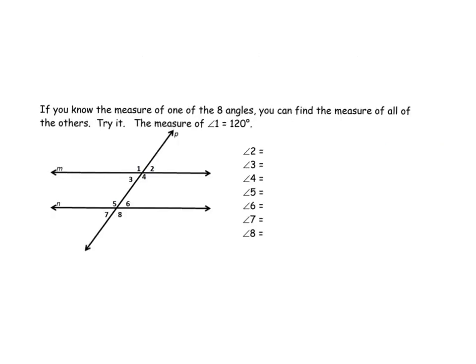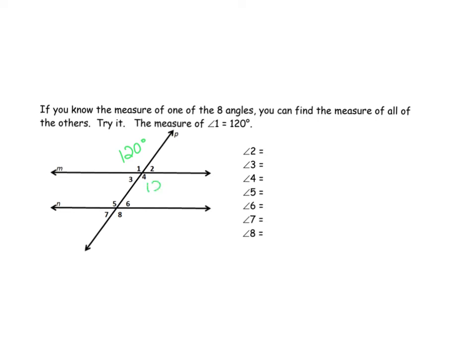So we're told that angle 1 is 120 degrees. And using that, I want to find the values of all the other angles. So if angle 1 is 120 degrees, which angle is vertical to angle 1? Because that will be congruent. Right?